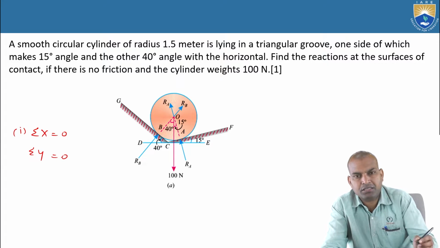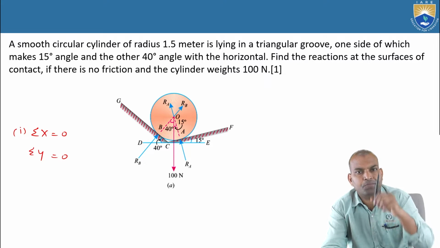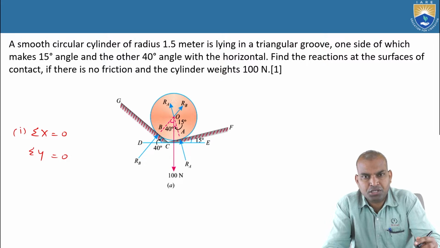That means the algebraic sum of all vertical forces equal to 0. The sum of the forces in the vertical upward direction equals the sum of the forces in the vertically downward direction. Then it will be in equilibrium, stable and not movable either upwards or downwards.